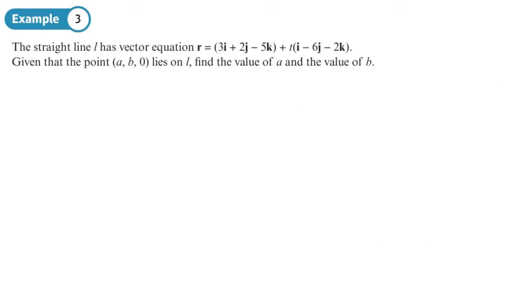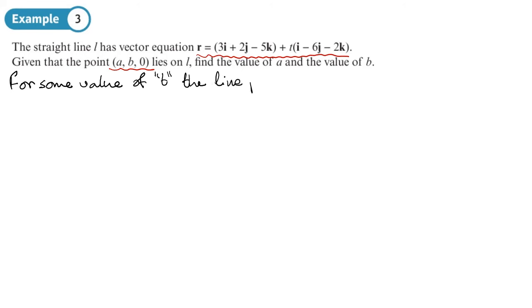It's fine. Right, so this straight line has this equation and passes through this point. So that means this: for some value of t, that scalar, the line passes through a, b, 0. So let's find out what this is.